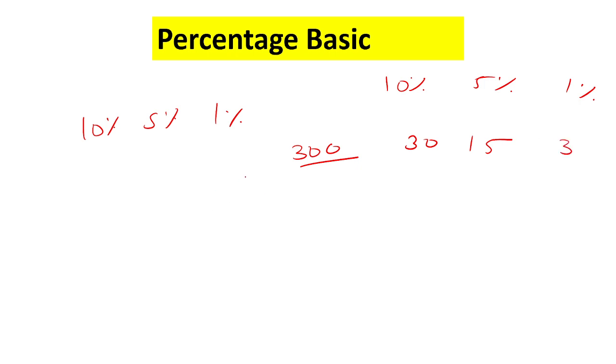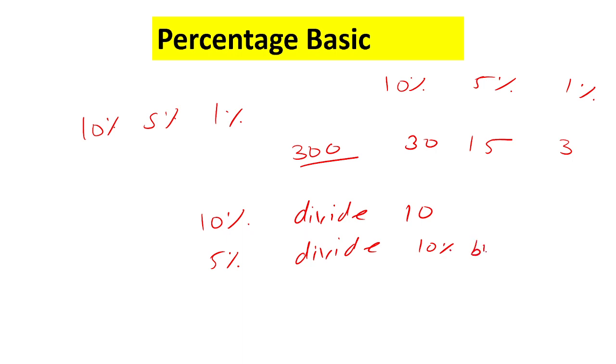Whenever you want to find 10%, divide by 10. Whenever you want to find 5%, divide the 10% by 2. And if we want to find 1%, divide by 100. Why are we finding 10%, 5% and 1%?